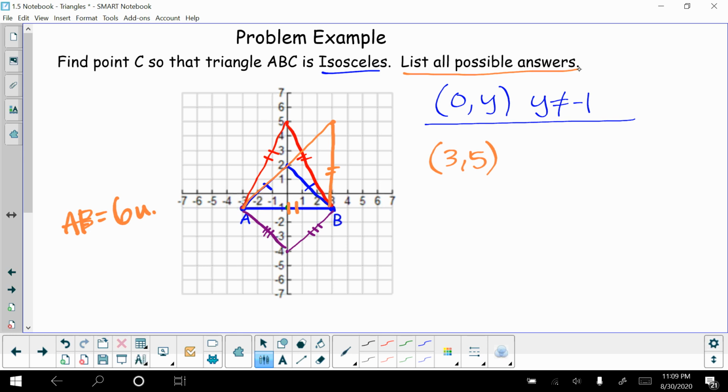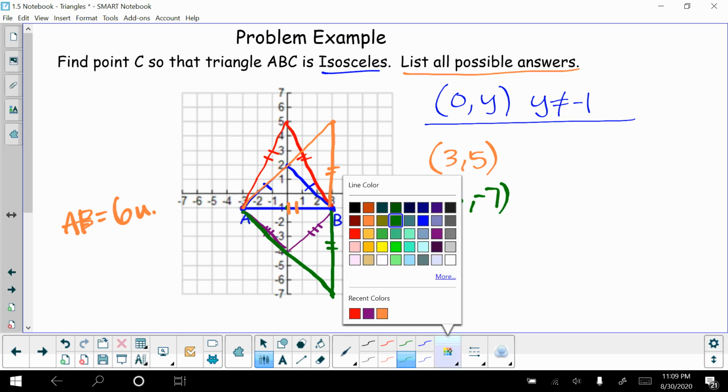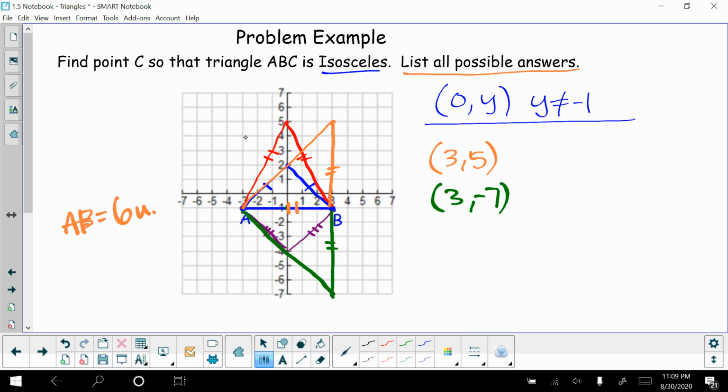Okay, let's try another one. If I do that same concept but go down 6, 1, 2, 3, 4, 5, 6, it would be right here. And I would have this one here. So that could be 3, -7. Then obviously we can go to the opposite side as well. I can come over here and make another isosceles triangle right here, and that would be -3, -1.